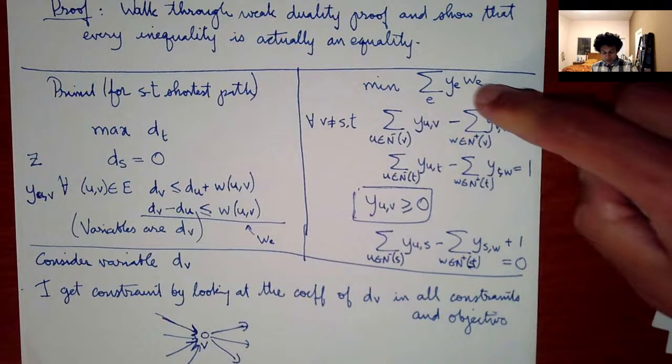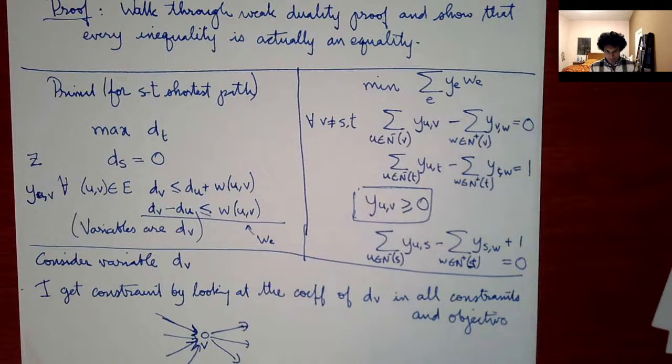And what are you trying to minimize here? You're minimizing the cost. Suppose the cost of an edge is the weight.